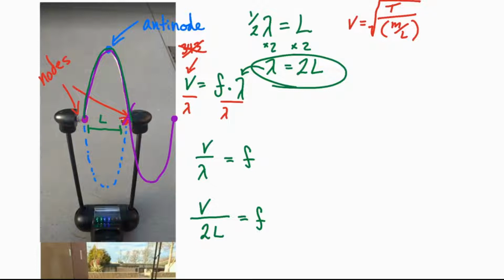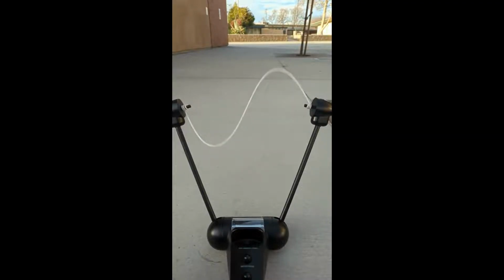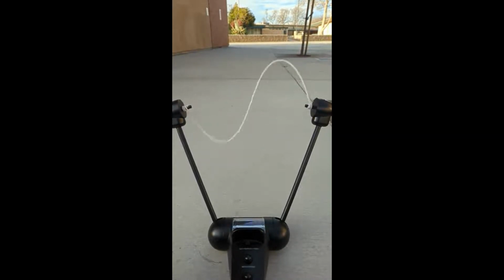What about if it was wiggling faster like this? So in this case, you had a node here, a node here, and a node there. And it's exactly one wavelength. So in this case, my wavelength is going to be the same as the length of the string.